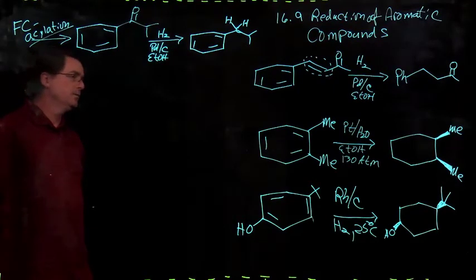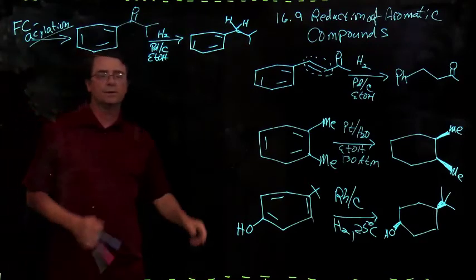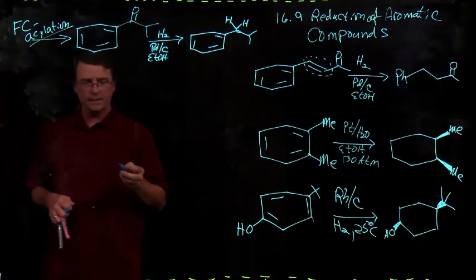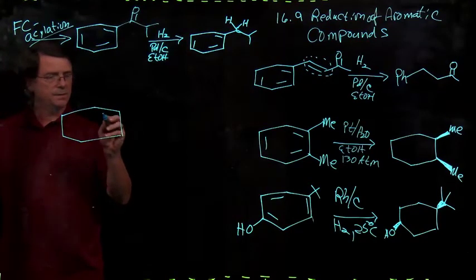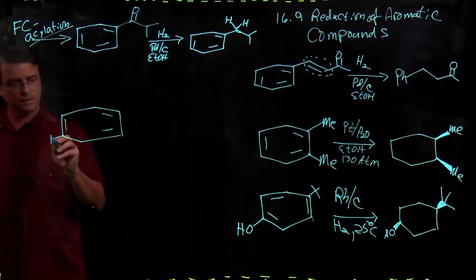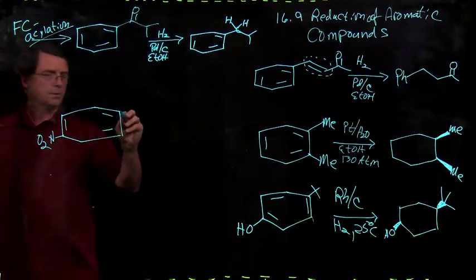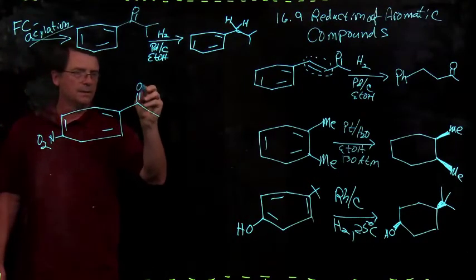All right, so if we put all of this together now, we need to be concerned about cross-reactivity. And there's a nice little example that is given in your textbook. The nitro group, turns out, is very easy to reduce.